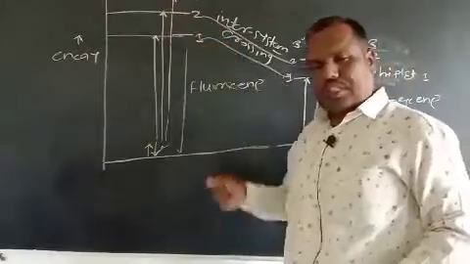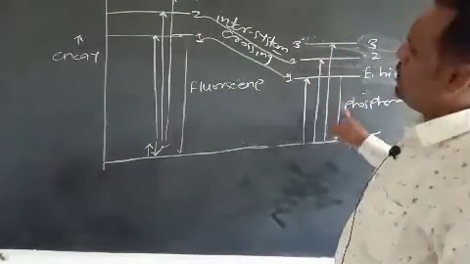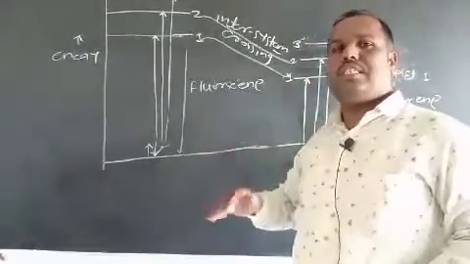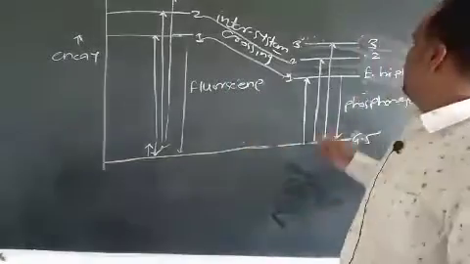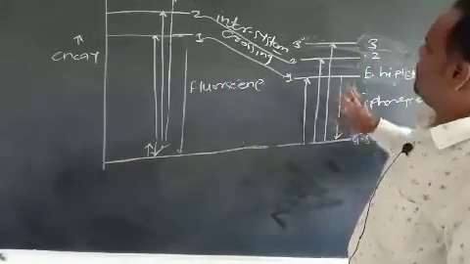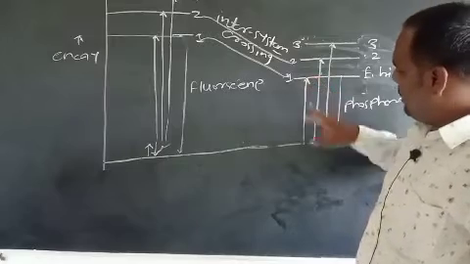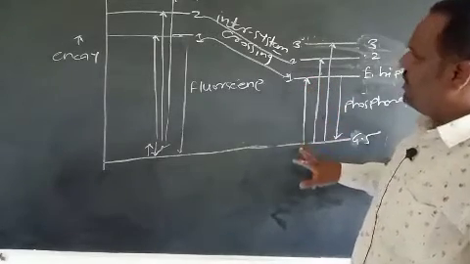Again, we discuss the second important phenomenon, that is phosphorescence. Phosphorescence and fluorescence are one and the same, but phosphorescence is delayed fluorescence, so it requires a lot of time. Phosphorescence occurs from the excited triplet state to the ground state.